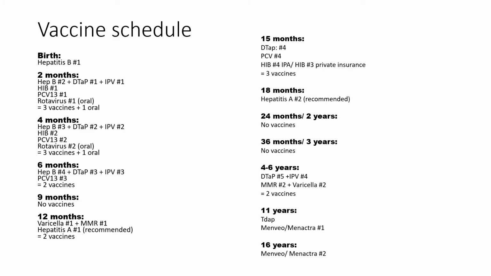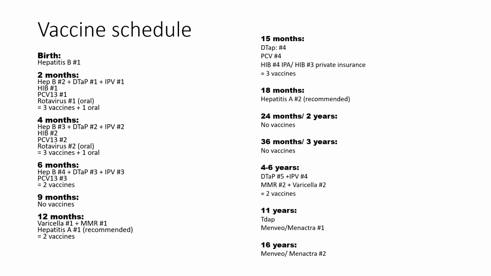You can see what their shots are going to be and what they're going to consist of. A lot of vaccines these days are combination vaccinations, meaning one shot consists of multiple vaccines. For example, if you look at the 2-month visit, the hepatitis B, the Tdap, and the polio vaccine are all combined in one vaccination.